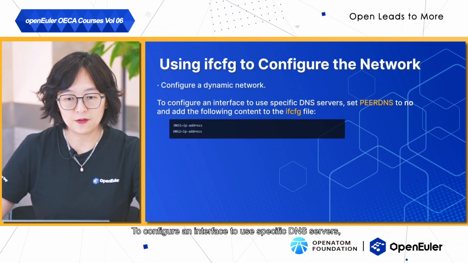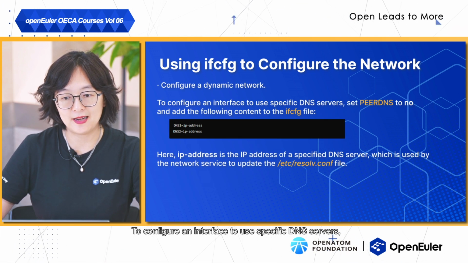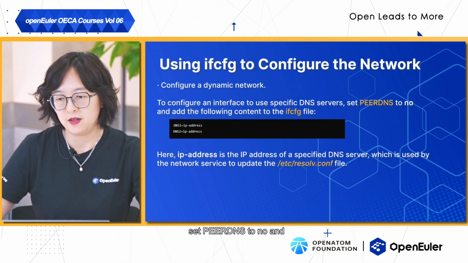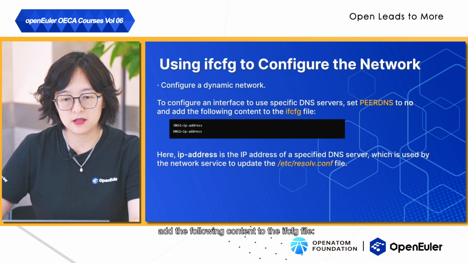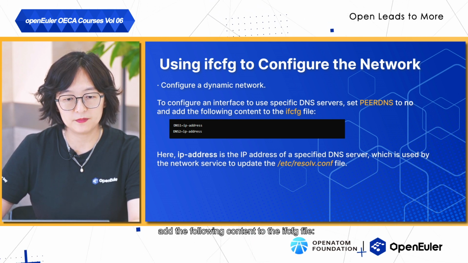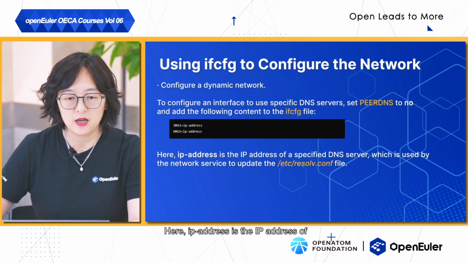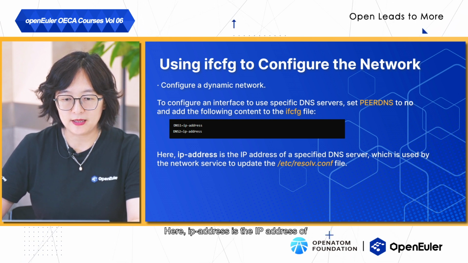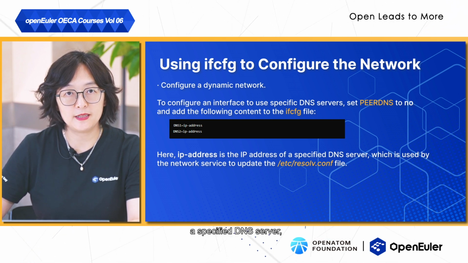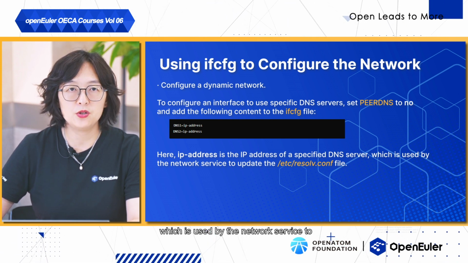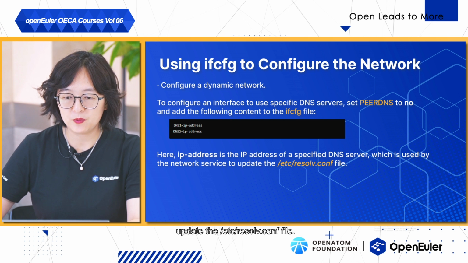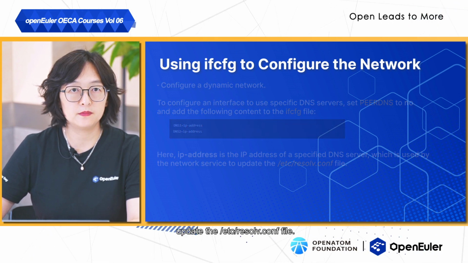To configure an interface to use specific DNS servers, set PEERDNS to no and add the following content to the ifcfg file. Here, IP address is the IP address of a specified DNS server, which is used by the network service to update the resolv.conf file.